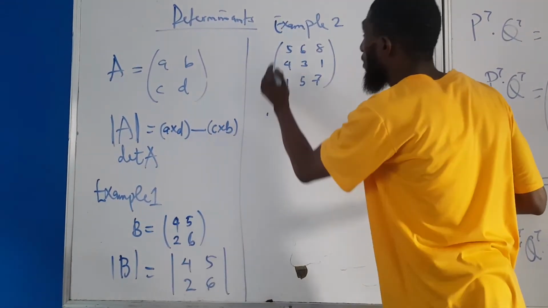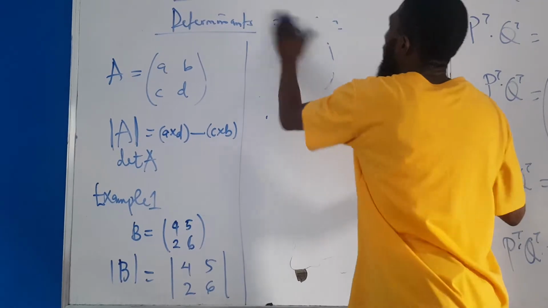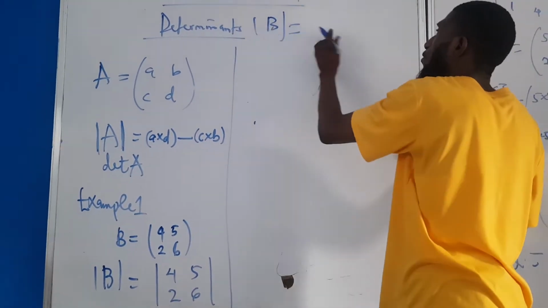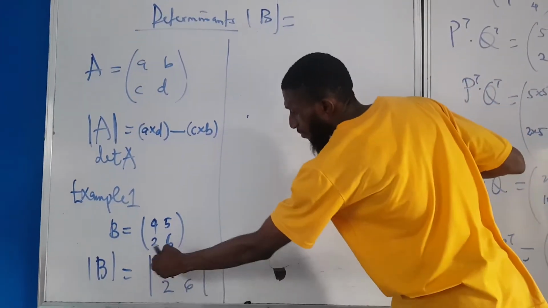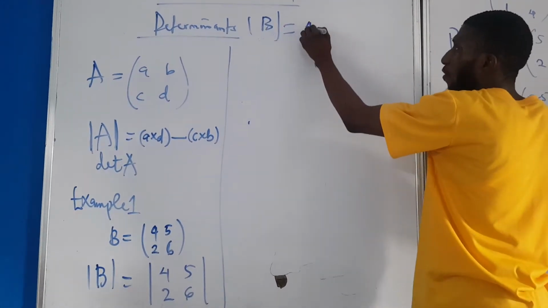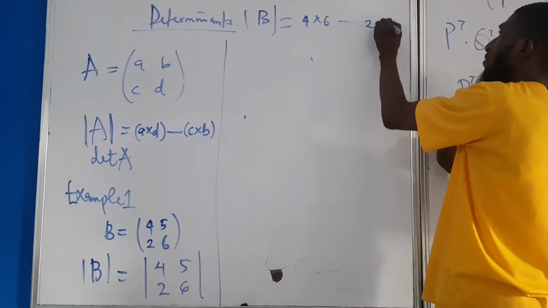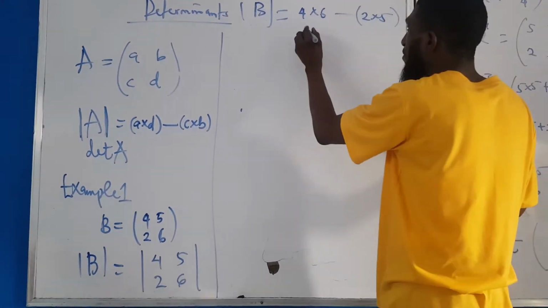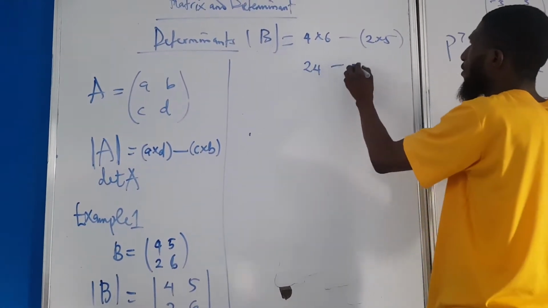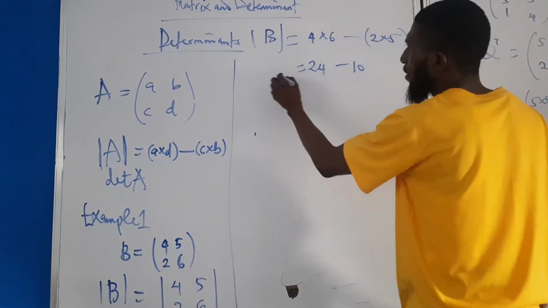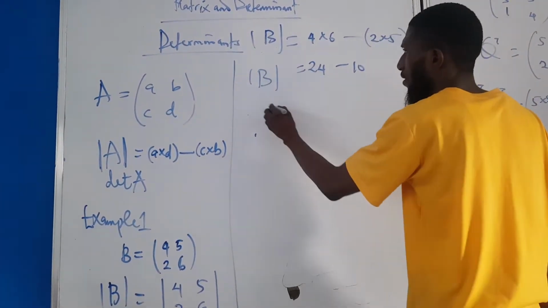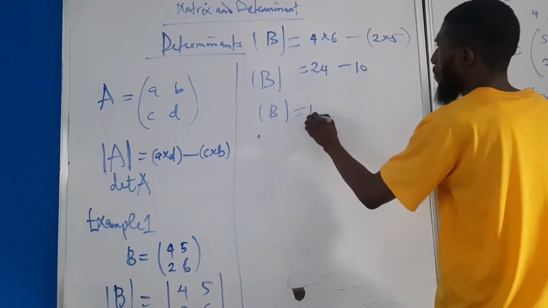Then the determinant of B now equals this times this minus this times this. That has to be 4 times 6 minus 2 times 5. 4 times 6 will give us 24 minus 10. Therefore, the determinant of B is the same thing as 14.